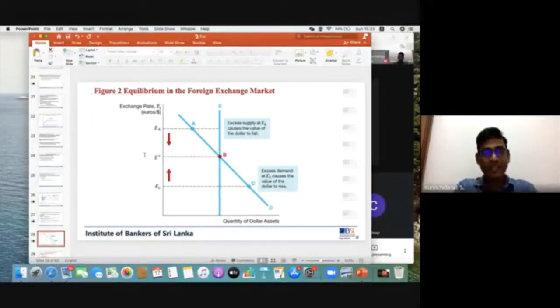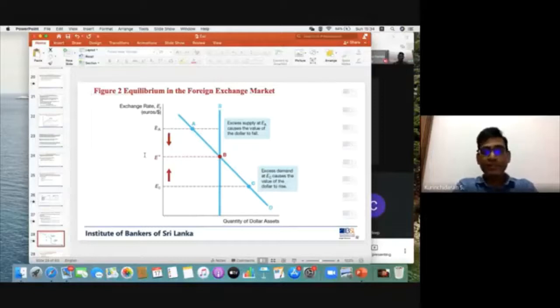That is S, supply is denoted by S, vertical, right? It's vertical to the x-axis. So when the exchange rate changes, nothing will happen to the supply. Irrespective of exchange rate changes, the supply of domestic assets is fixed, right?